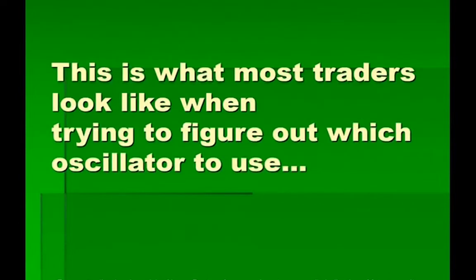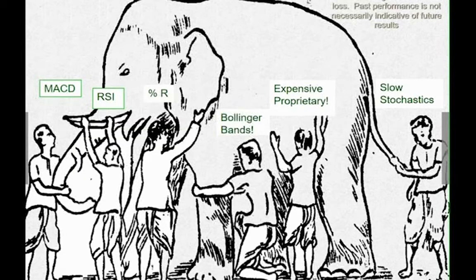Now here's what most traders look like when they're trying to figure out which oscillator to use. I don't know if you remember the story of the 6 blind men, and they were each touching a different part of the elephant and describing it, and they were so sure what they were touching. Well, it's kind of like that with retail traders. Somebody says, "Oh, this MACD, this is just the greatest. I've got the market by the horn here."